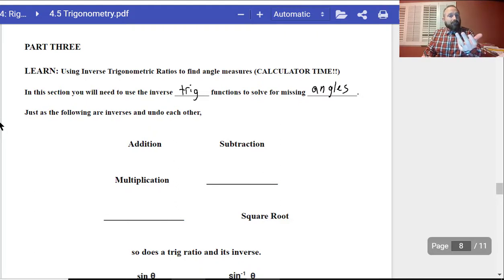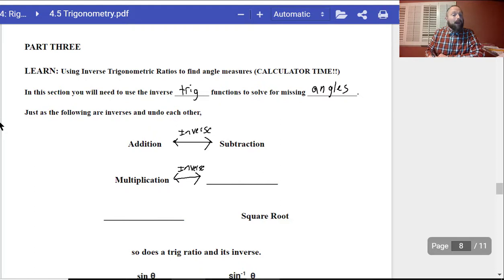Just as the following are inverses and undo each other, let's show you. Addition is the inverse of subtraction. All right, what's the inverse of multiplication?